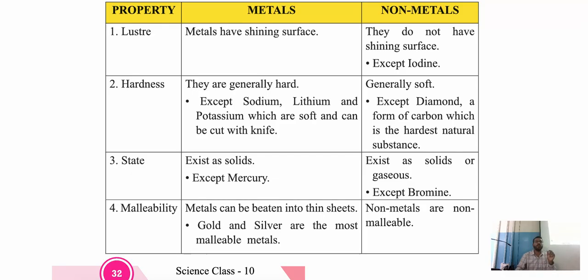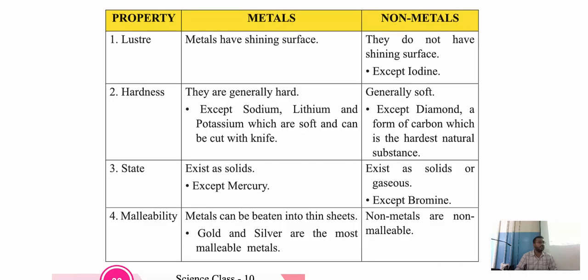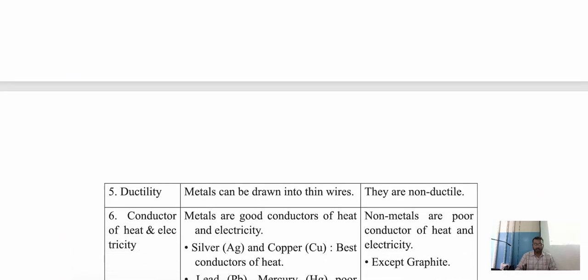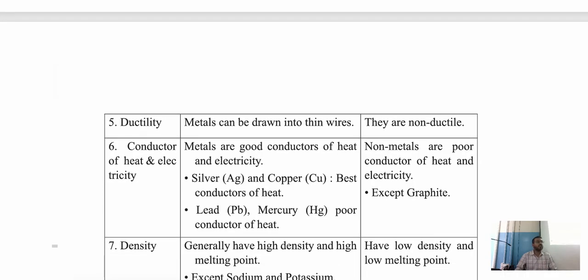That is nothing but what we call the state of matter. Clear? And also we are going to study malleability, that is another property of a metal. Another property is that metals are ductile. Metals are malleable, the property name is malleability. And we also call them ductile, that's nothing but ductility. And metals are good conductors of heat and electricity.